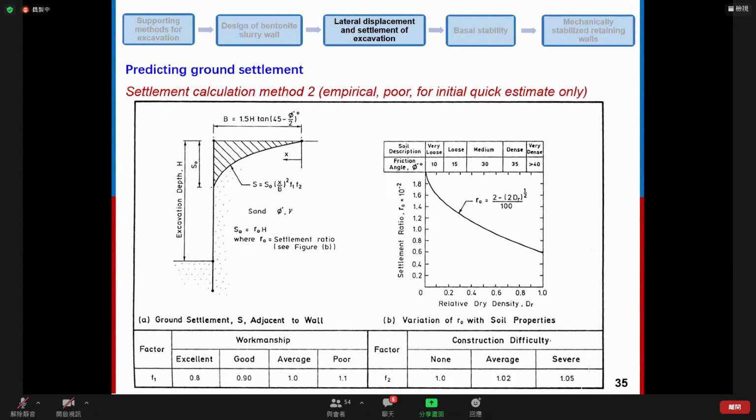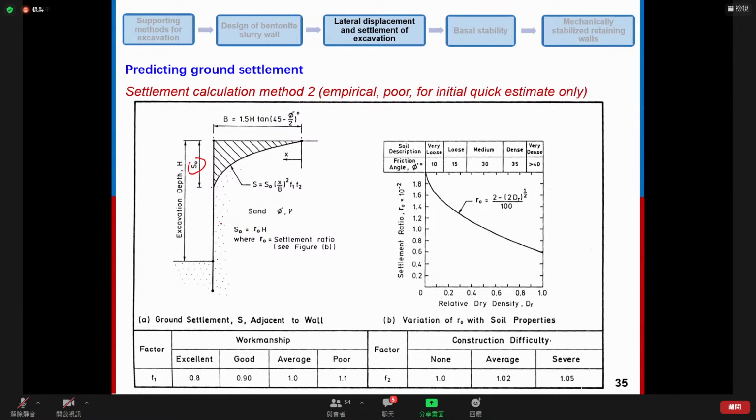Okay, in this slide, we will introduce a second settlement calculation method. This method is also an empirical method. Firstly, we can determine the settlement at the edge of the excavation, which is S0.